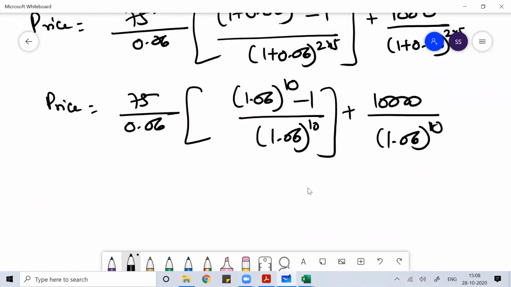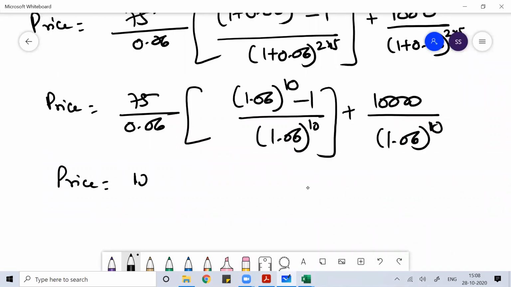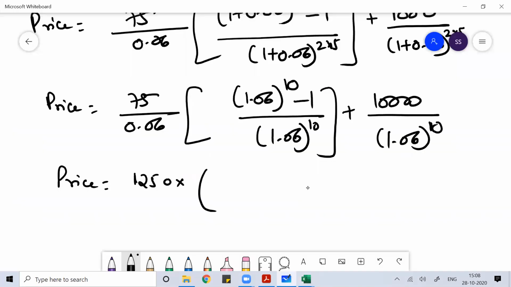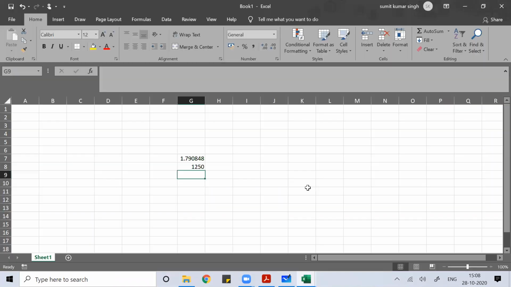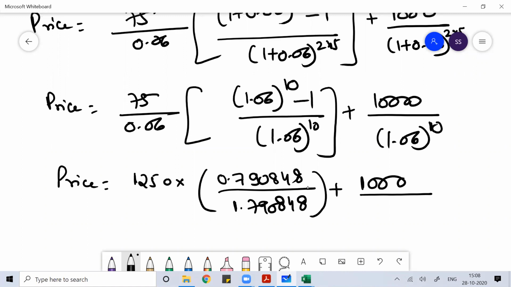So the price of the bond, if I want to find out, is 75 divided by 6%, that is 1250, into 0.790848 divided by 1.790848, plus 1000 divided by 1.790848. This is 1000, not 10,000.